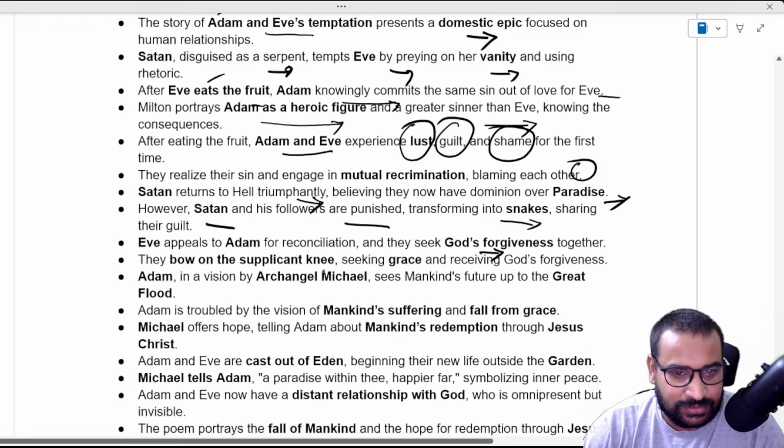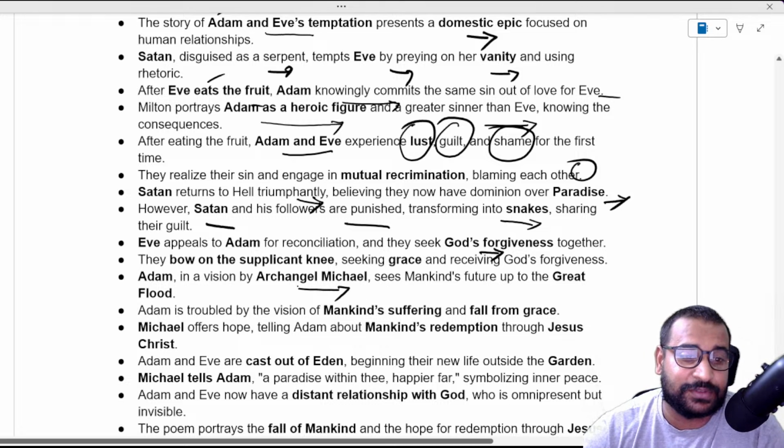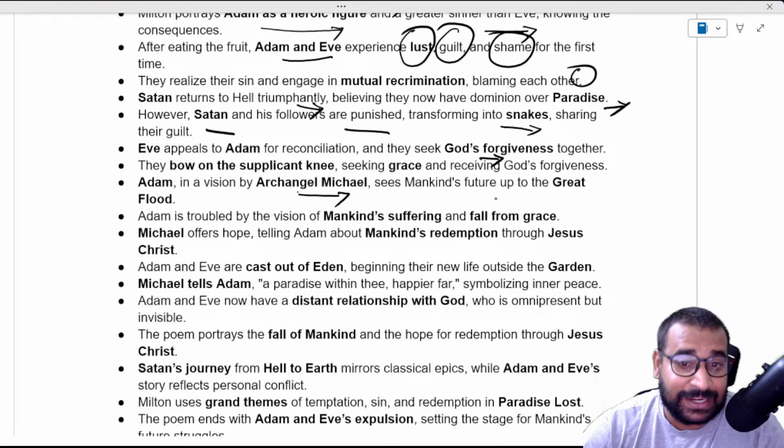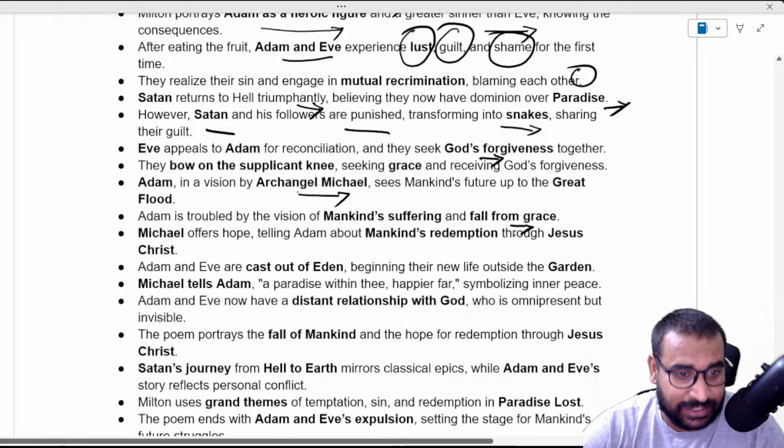Eve appeals to Adam for reconciliation and they seek God's forgiveness together. They bow before God, and Adam, in a vision of Archangel Michael, is troubled by the vision of mankind suffering and the fall from grace.